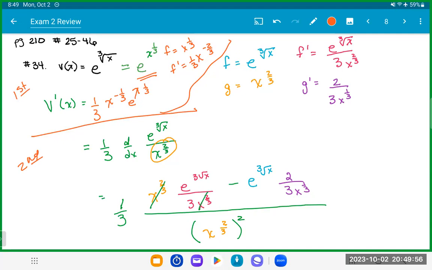Again, practicing, this was problem number 34. So if you can work problems 25 through 33, you can probably sufficiently get through doing the second derivative of a problem to get to the exam.